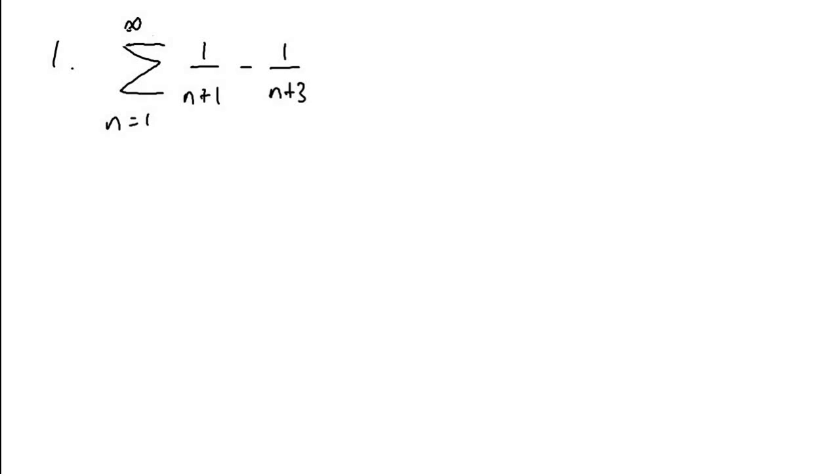And this is a relatively easy test because the only way to find out whether a telescoping series will converge or diverge is by plugging in numbers. So remember that a series is basically taking a sequence like a sub n and adding each term in the sequence. So we have a sub 1 plus a sub 2 plus a sub 3 and so forth.